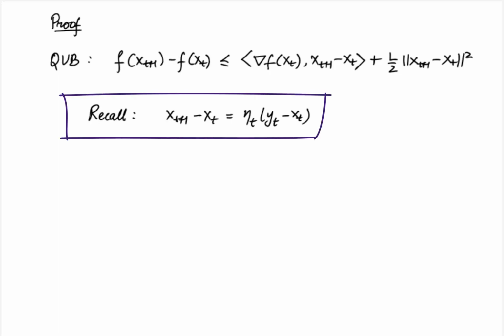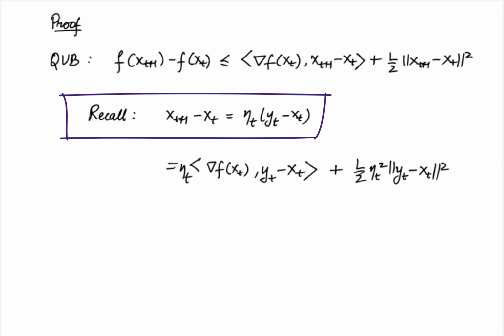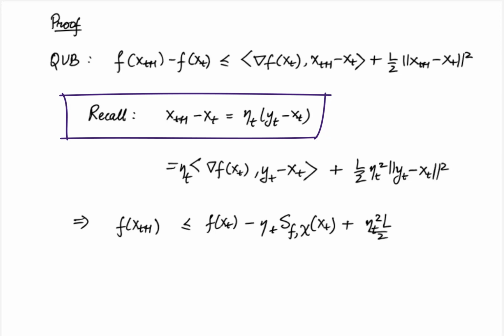So substituting that, the right hand side is equal to eta_t into the inner product of gradient f of x_t comma y_t minus x_t plus L by 2 into eta_t squared into norm squared of y_t minus x_t. Now the first term is nothing but the conditional gradient divergence. So it yields that f of x_{t+1} is less than or equal to f of x_t minus eta_t into S of x_t plus eta_t squared L by 2 into norm squared of y_t minus x_t.